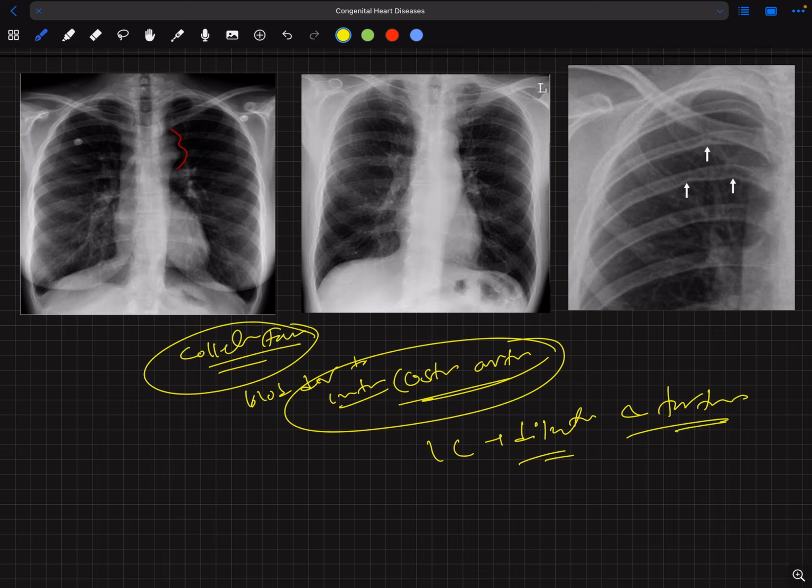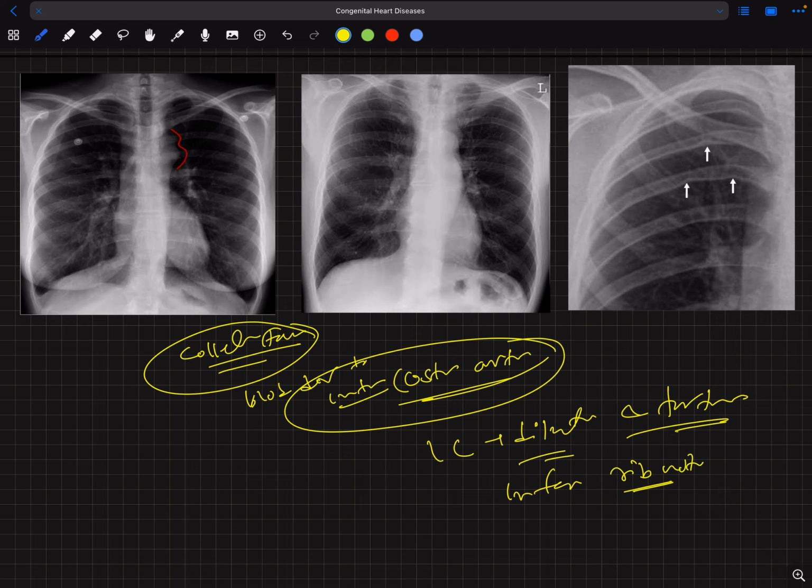After a long time, more blood will be diverted to the intercostal arteries. When the intercostal arteries become dilated and tortuous, they put pressure on the lower border of the rib. That will lead to inferior rib notching.